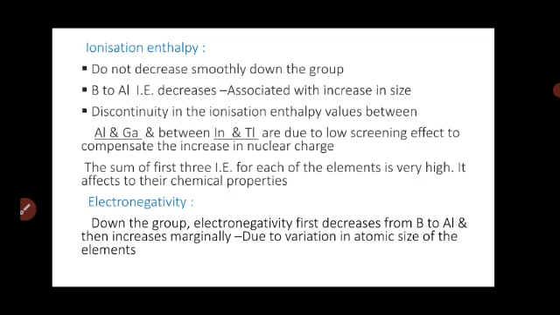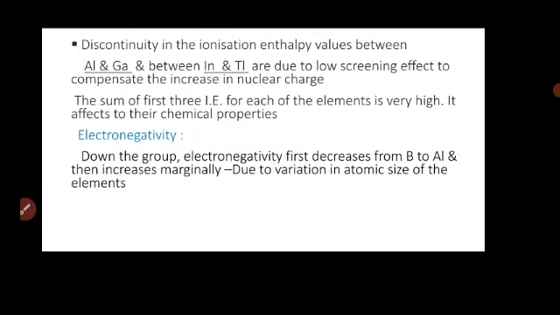Means the sum of first three ionization enthalpies is very high. The effect of this ionization enthalpy we can see in their chemical properties, which changes their chemical properties also. Okay.